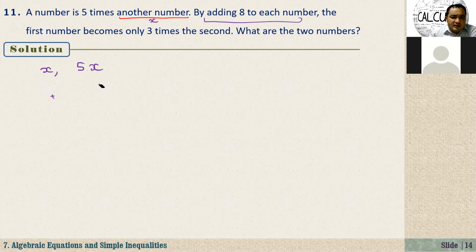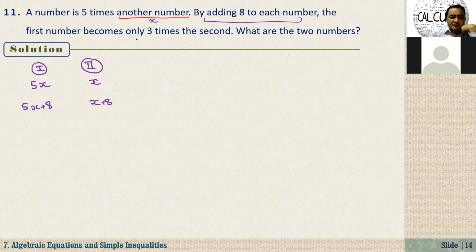Maybe from the beginning, let me just write, we are talking about the first number and the second number, right? A number is 5 times another number. So that means that if the second number is x, the first number should be 5x. And by adding 8 to each number, 5x plus 8, and the second number becomes x plus 8, right?